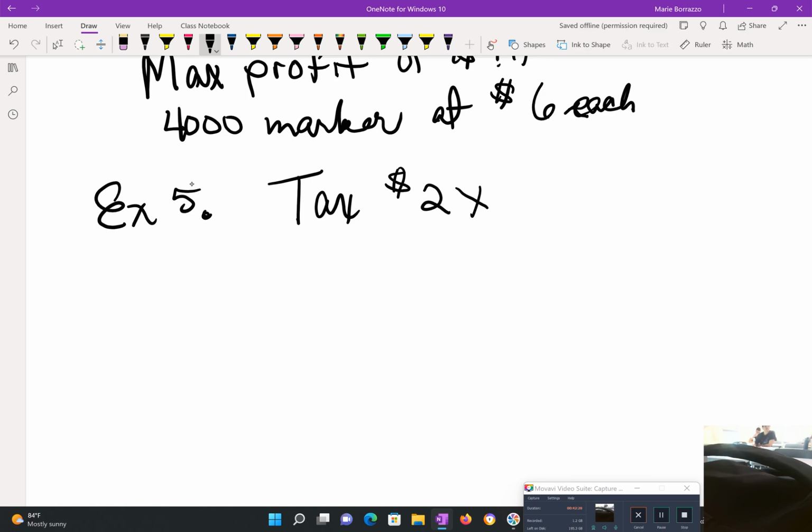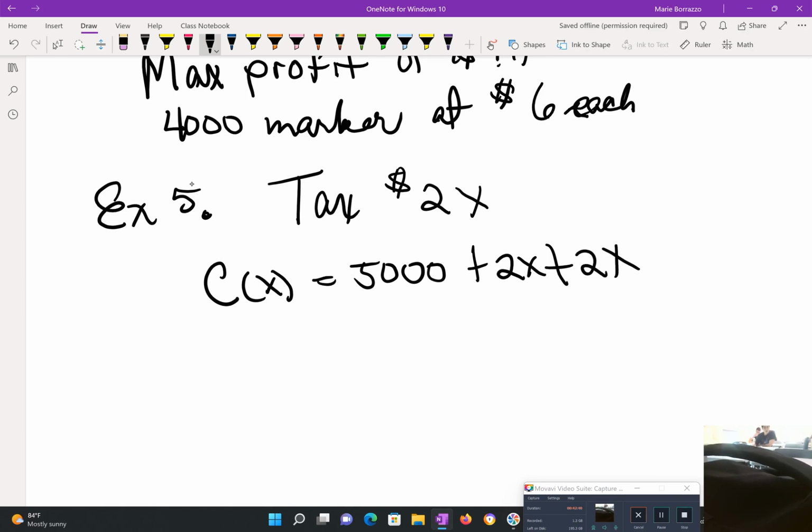I believe the original cost function for number 4 was 5,000 plus 2x. But what am I adding? Another 2x. So now you have 5,000 plus 4x. That's your new cost function, given the $2 tax for each of the pens.